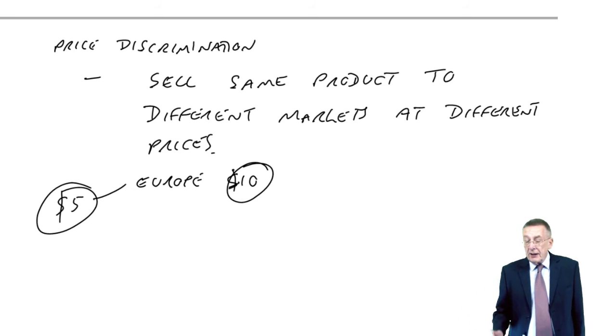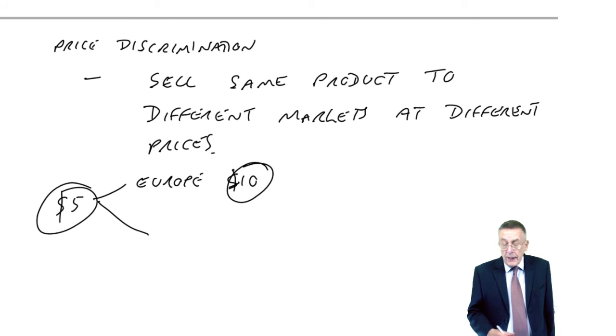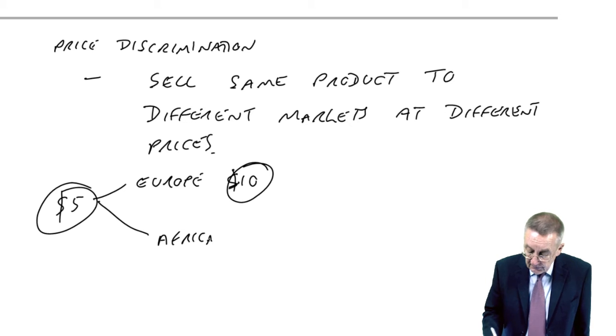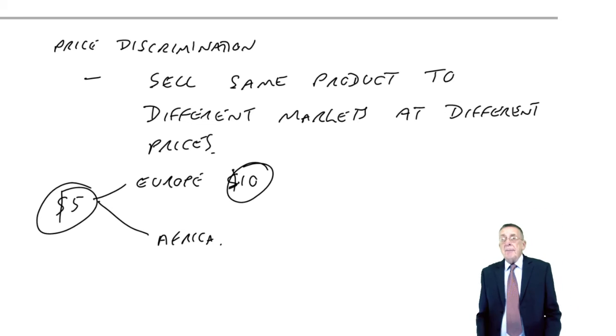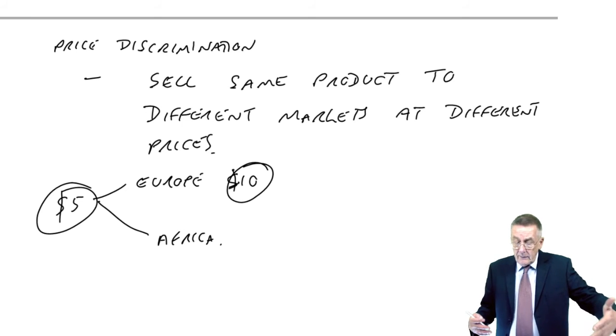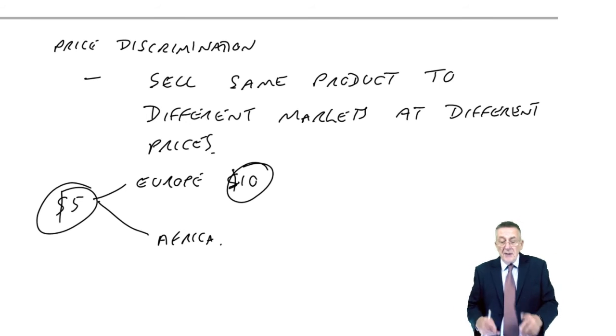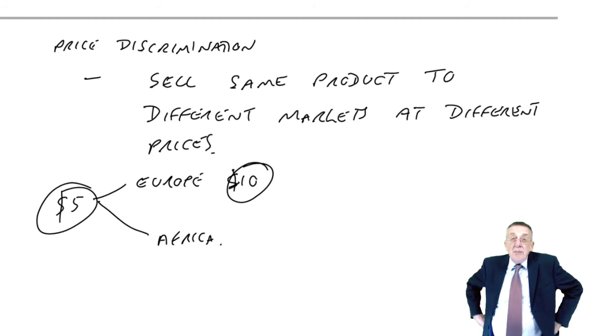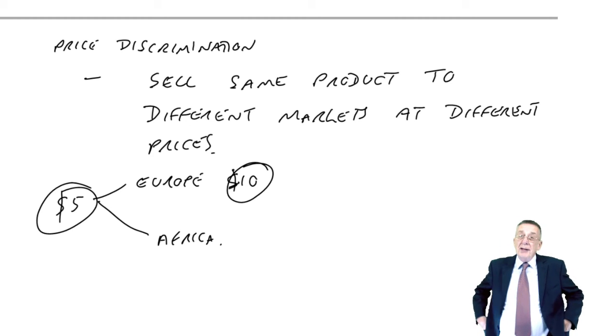I'm also going to sell it, though, in Africa. And depending on which country, the problem there could be that people aren't earning as much in the particular country. Nobody's going to buy it if I charge $10. And so I'll say for them, well, anything more than 5 is making a profit.